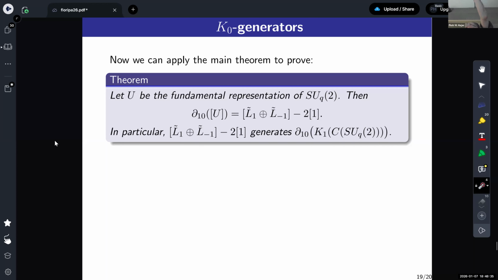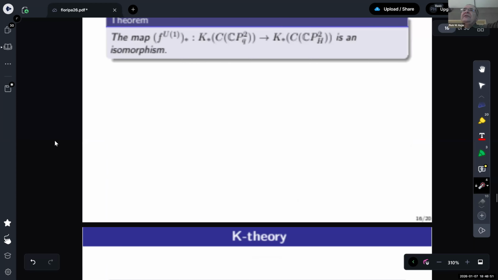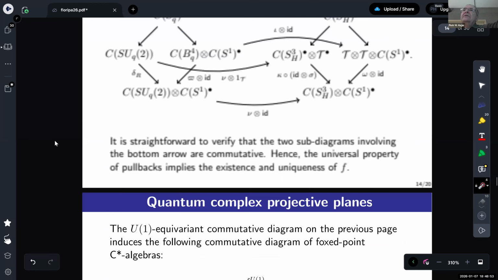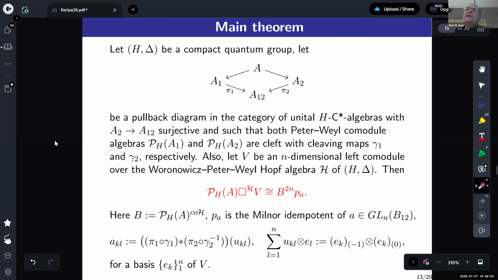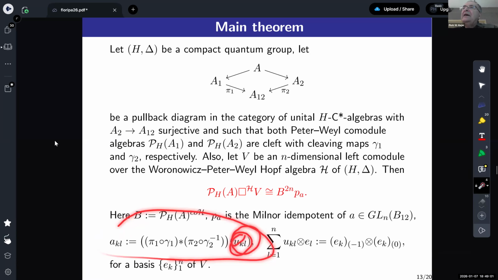But the main theorem tells me that this associated module is given by this Milnor idempotent. So the only thing I now have to do is to compute the matrix which gives me this Milnor idempotent. In other words, I just have to compute this formula. Here is my 2x2 matrix over the SUq(2) C*-algebra. I have my cleaving maps and I compute it.